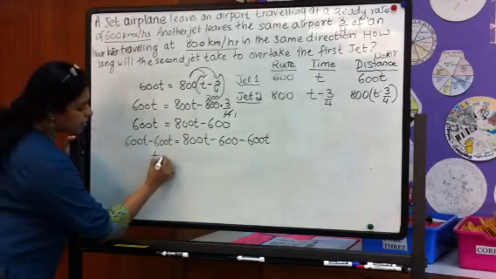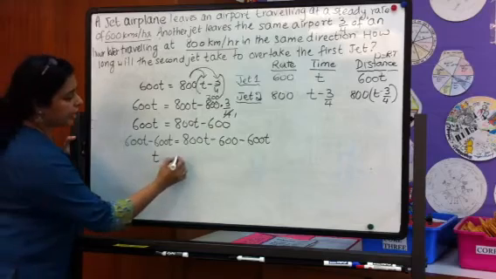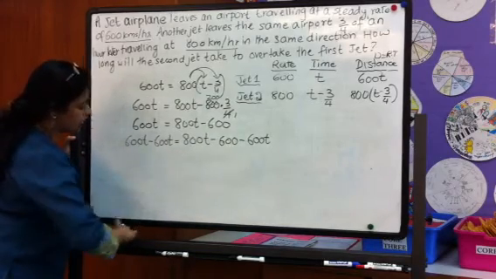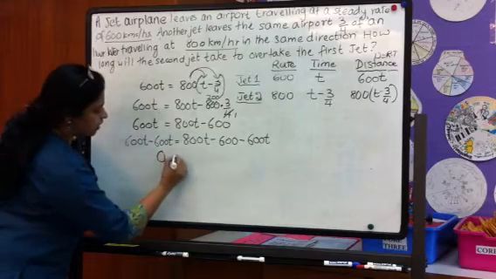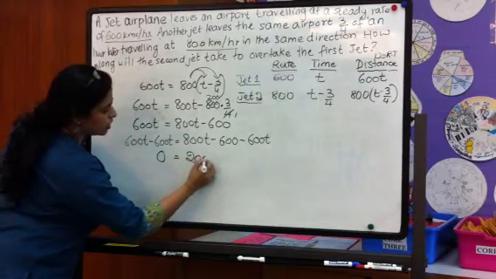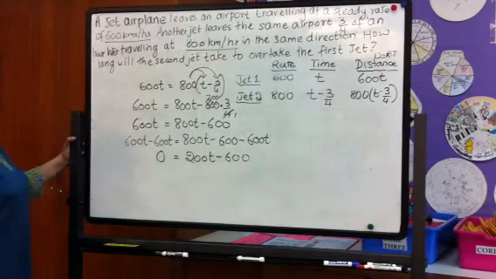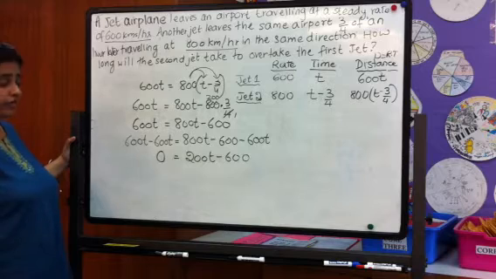All I have is 0 on the left side, and I have 200t minus 600. Now it's a two-step equation, and I'm sure you can solve it yourself.